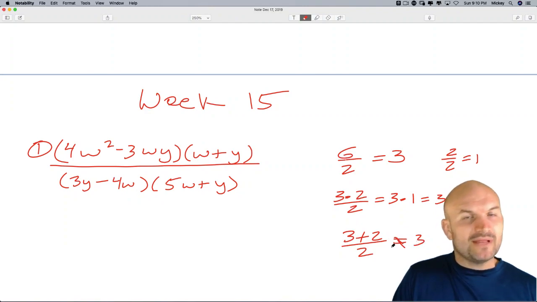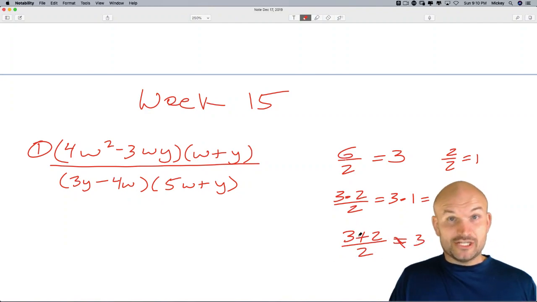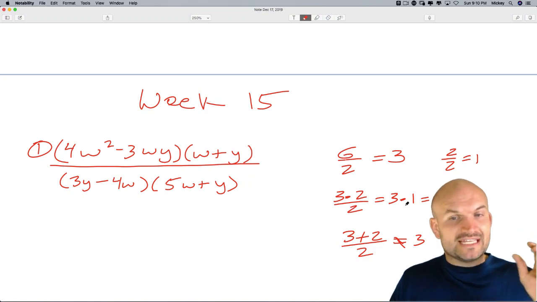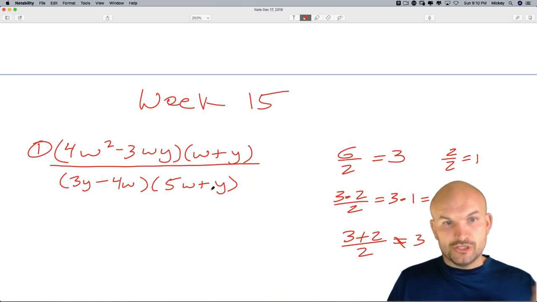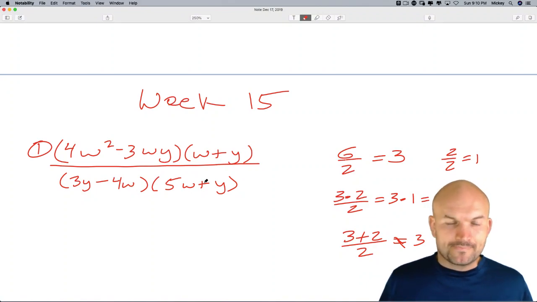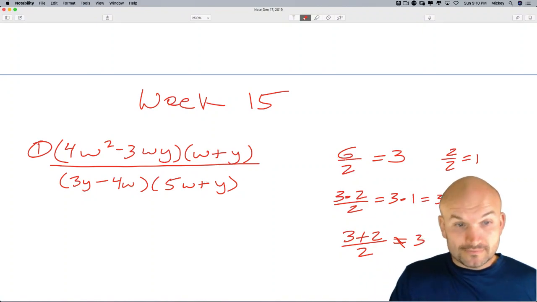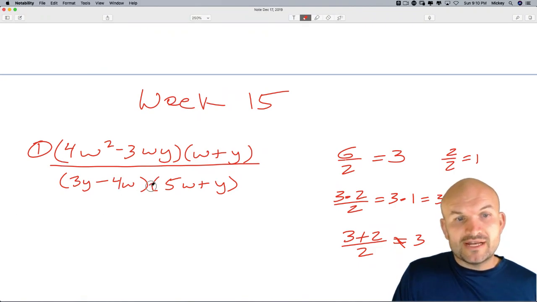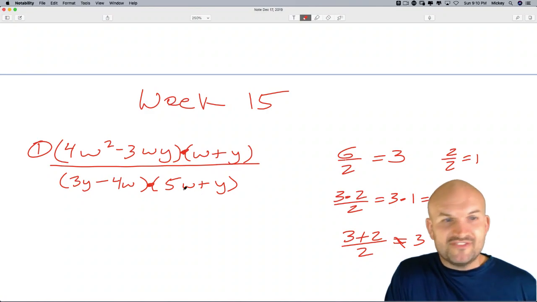You can't apply the division property across addition. So we want everything separated by multiplication in the numerator and denominator. That's the idea of factoring: rewriting an expression as multiplication. Right now, we have our expression written as multiplication, but nothing is the same, so we can't apply the division property.